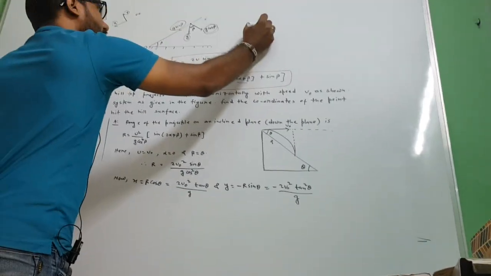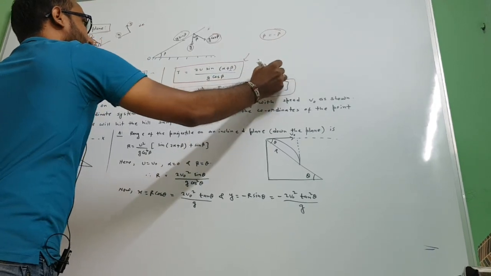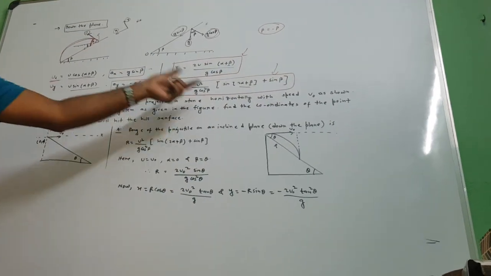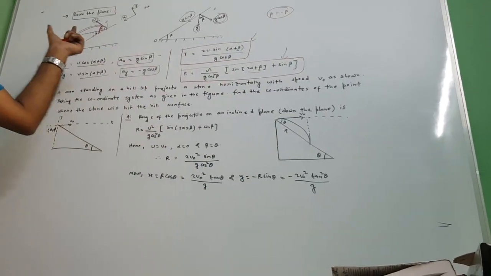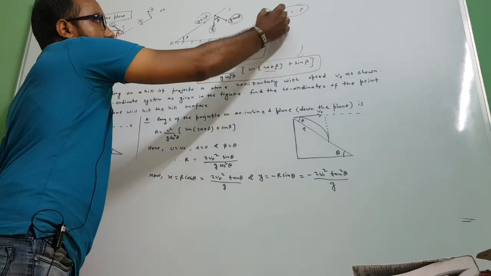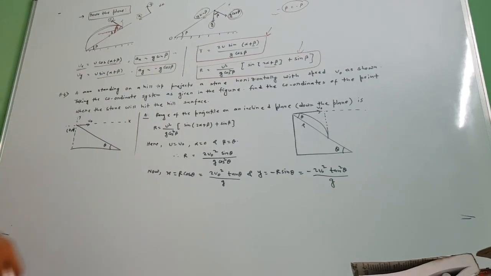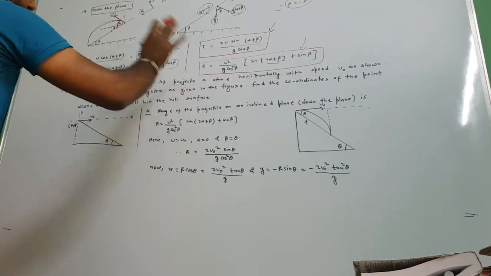So if you replace beta by minus beta, you will get the equation for down the plane. So it would be very easy to remember. If you have remembered the up the plane motion, you can remember the down the plane motion easily, because you only replace beta by minus beta to get the equations for time of flight and range.